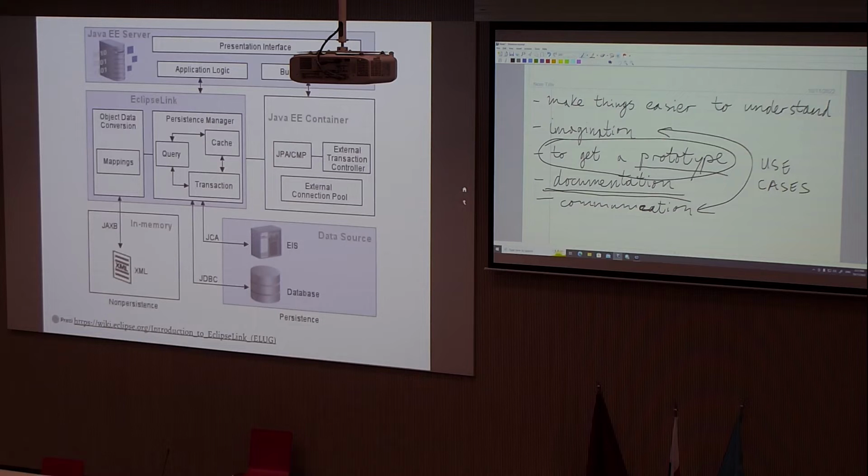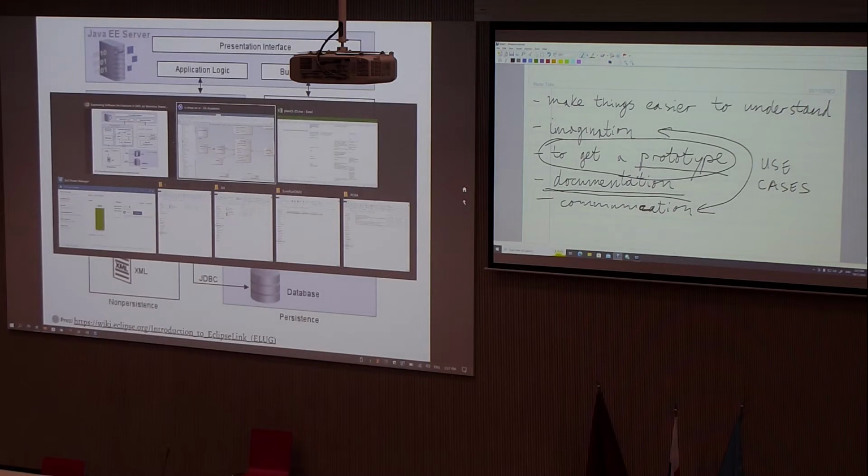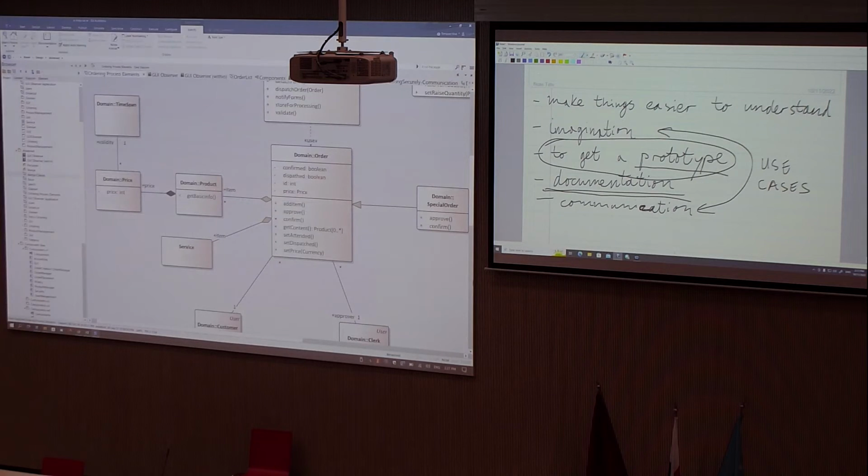So this is something when we are with class diagrams. Let's have a look at another class diagram. This is a class diagram of a kind of toy example that I use in another course called software modeling. This is a model of an e-shop, a part of it.